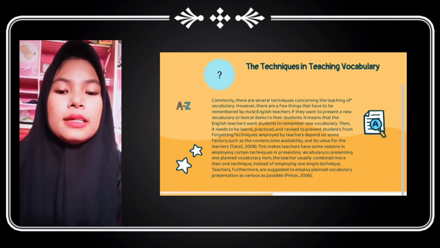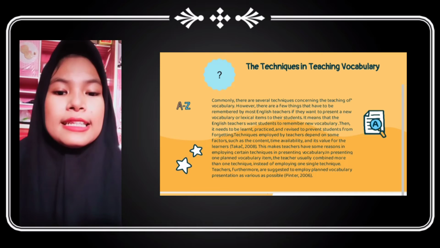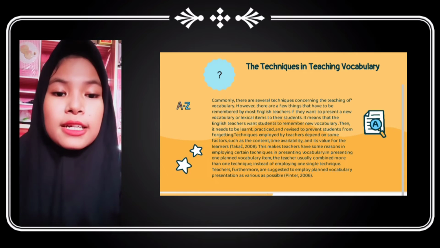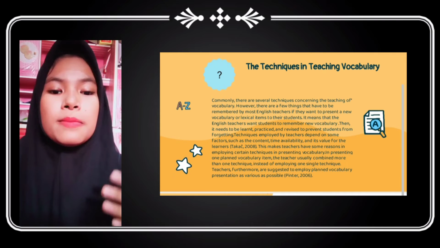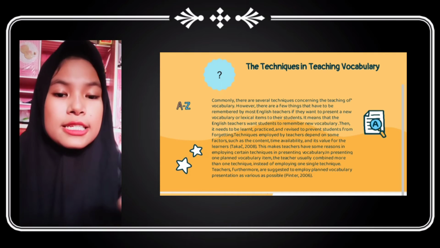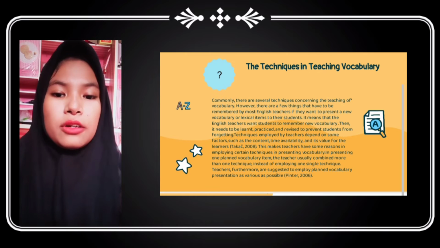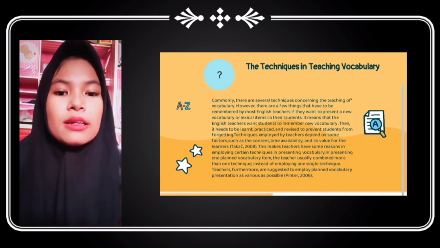Okay, next material, the techniques in teaching vocabulary. Commonly, there are several techniques concerning the teaching of vocabulary. However, there are a few things that have to be remembered by most English teachers if they want to present new vocabulary or lexical items to their students.